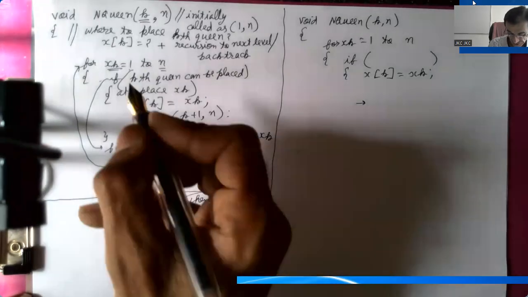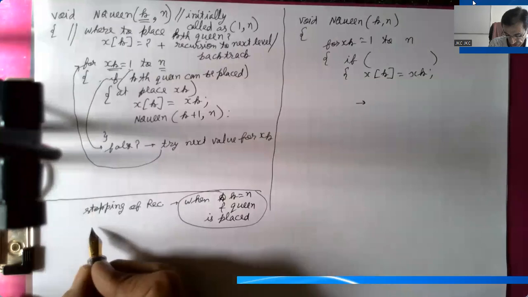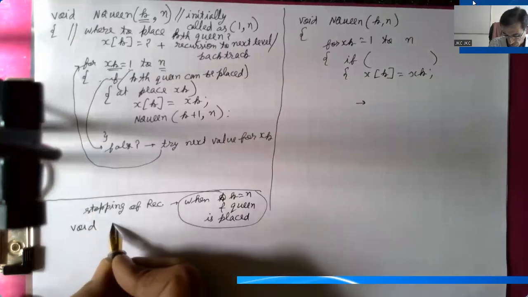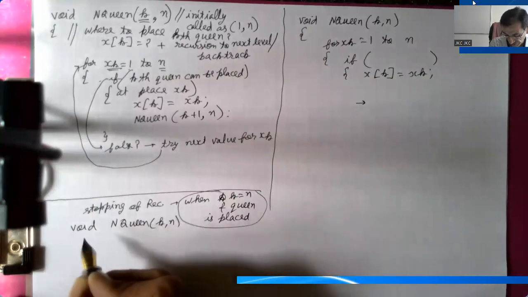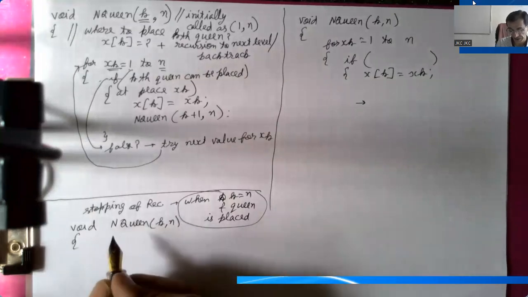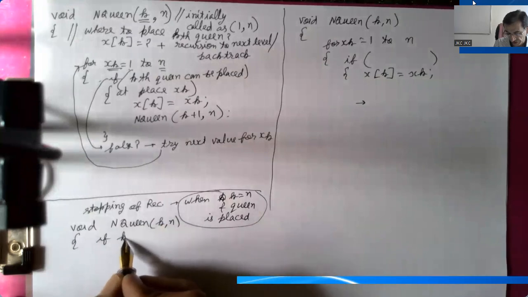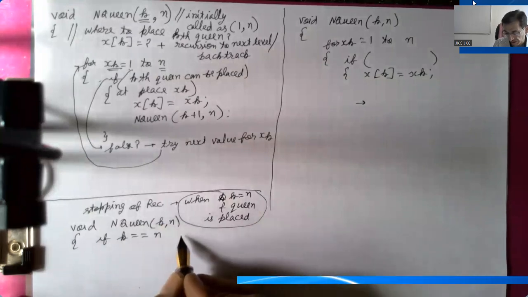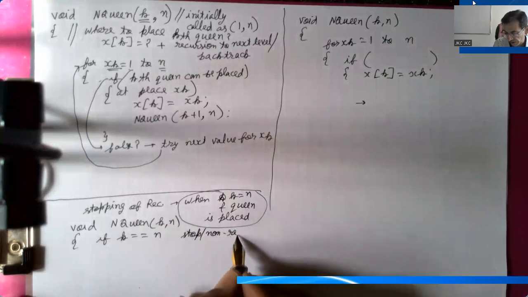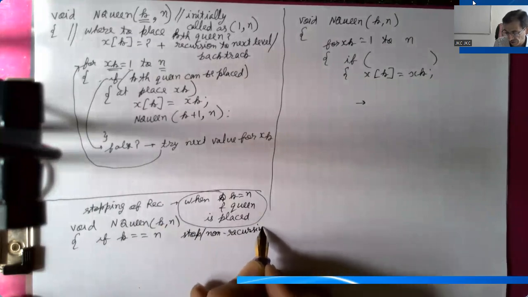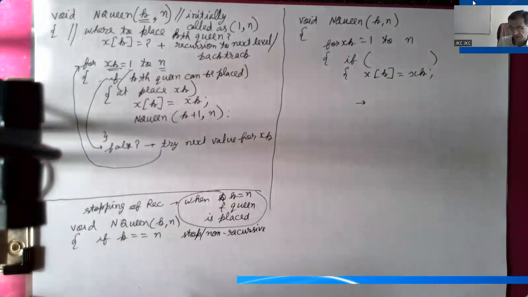Obviously, this is going to be my stopping criteria. But in the initial step, when I wrote void n queen k, n, as in normal recursive calls I would write if k equal to n, then stop or return non-recursively. Now I can't do that. That's where backtracking logic differs from normal recursive implementation. This is incorrect.